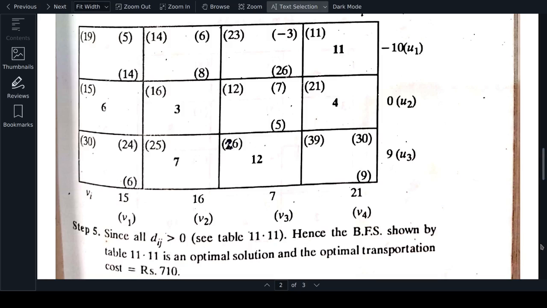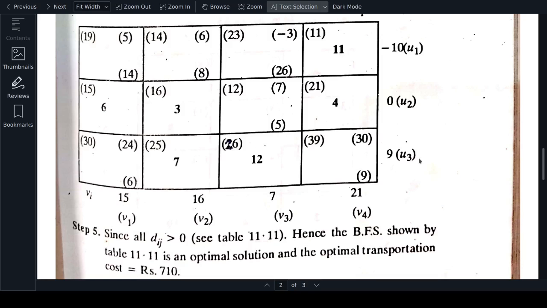Yes, sir. What we do next is, here we calculate this, and next we calculate Dij. So Dij we shall write in the unoccupied cell, and you put it in the lower right corner of the unoccupied cell.